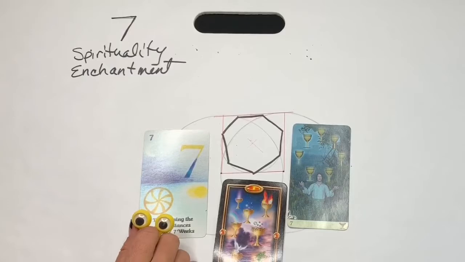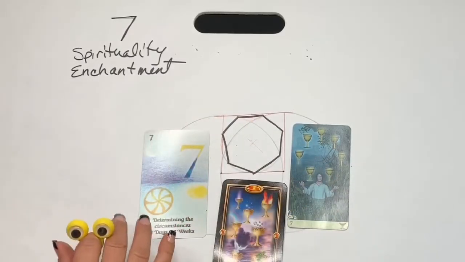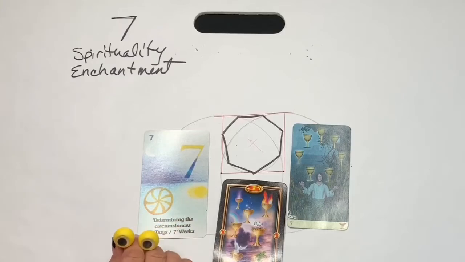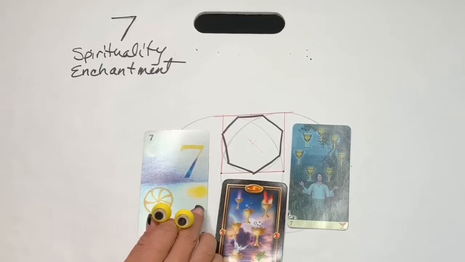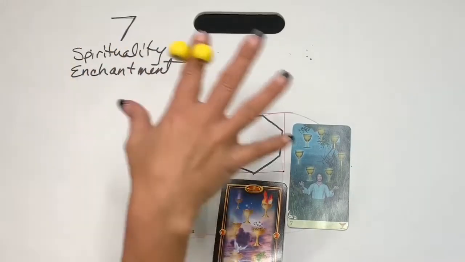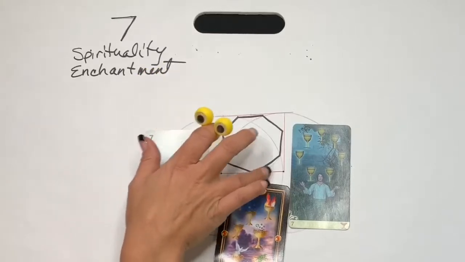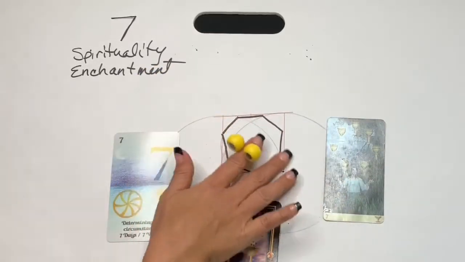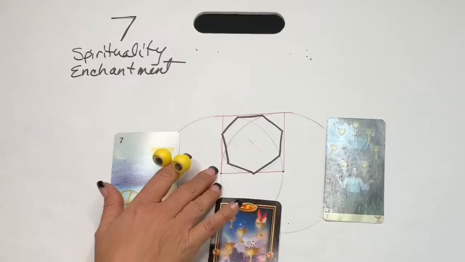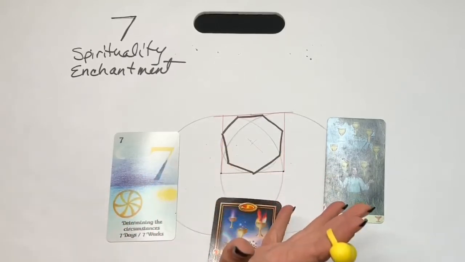At a certain point, the relationship has to be your own personal development within that partnership, whether it be a friendship or a love relationship. It's going to have to be this spiritual evolution within you that will bring you ultimate happiness, because the material world can only take you so far, as we see with the 7. The material world can only get you up to the 6. At the 7, it just loses its grip.